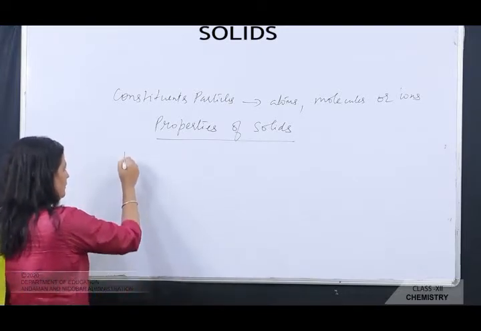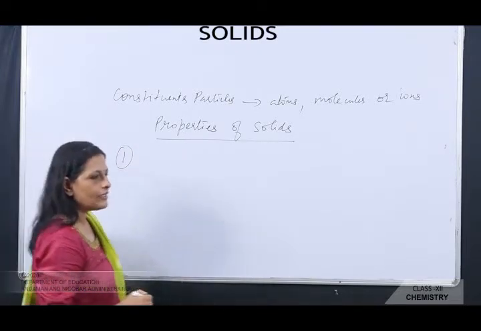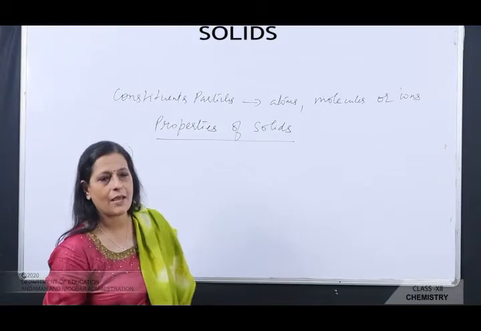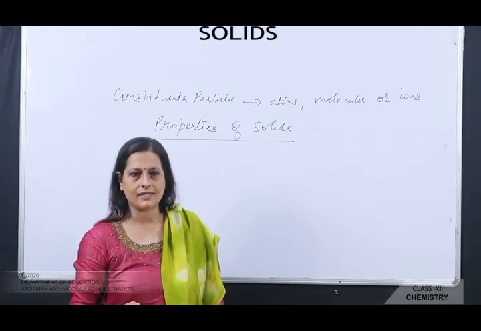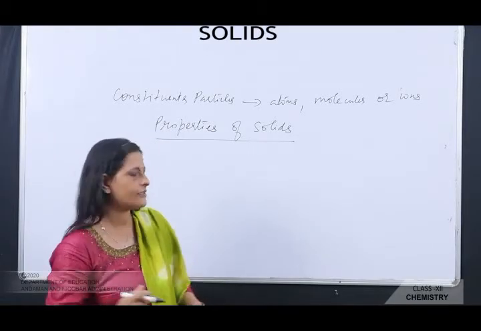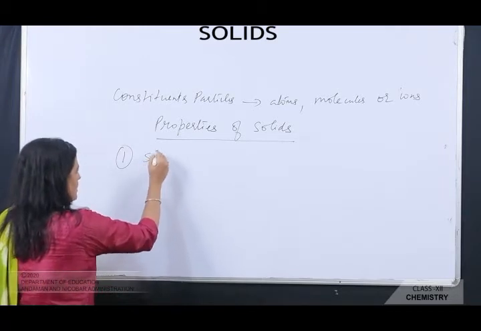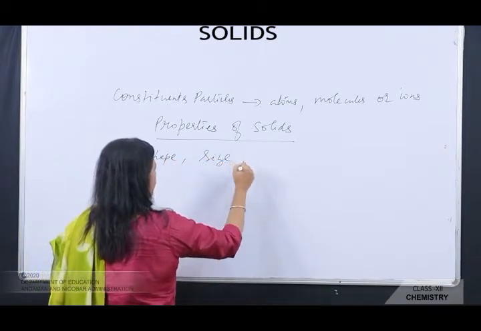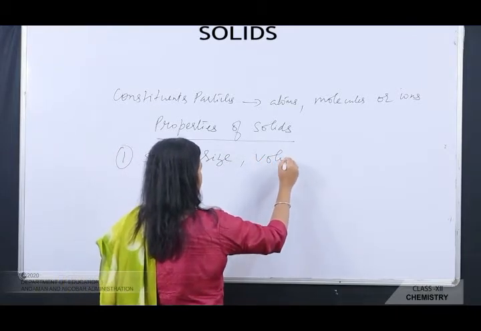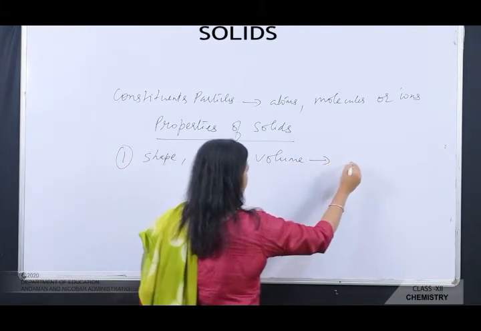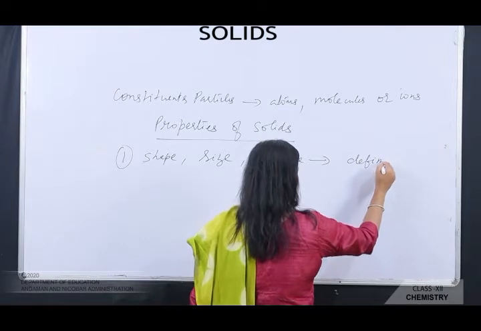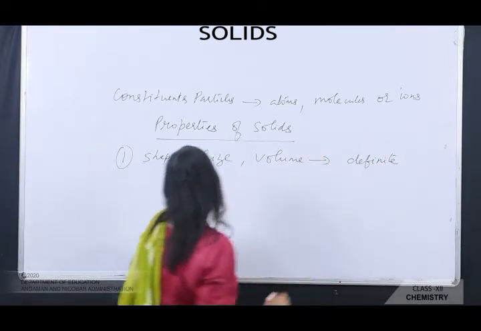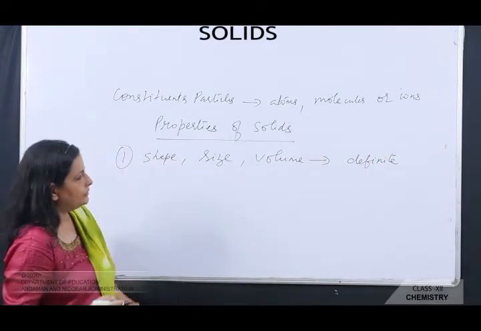The first property is solids have definite shape, volume and size. So the shape, size and volume of solids are definite. This is the first property of solids.